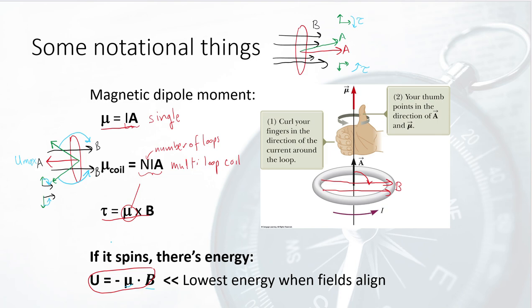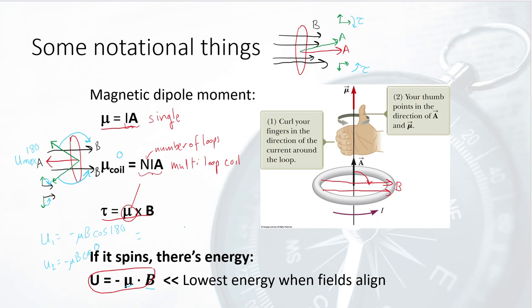So again, what does this look like in terms of the total energy released in one half spin? Well, how it would look is as follows. If we go from here, which is 180, to 0, that means we're going from a U position equal to negative mu B cos of 180 to a U state of negative mu B cos of 0.